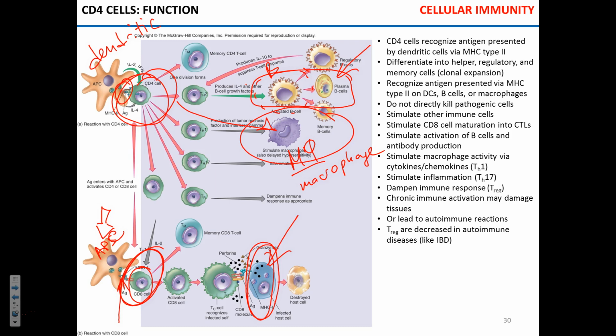It goes down. What happens to the CD8 activation? It goes down too. Okay? You get rid of simple helper cells and basically the entire adaptive immunity is gone.